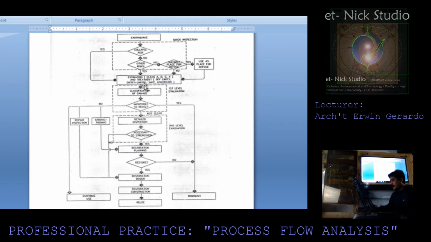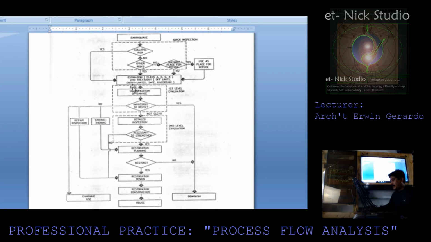Now, from this diagram, especially at the first phase of the earthquake assessment, there's a quick inspection indicated. So the next step after the quick inspection is the estimation and treatment of the building.